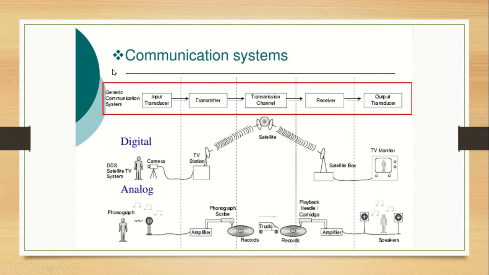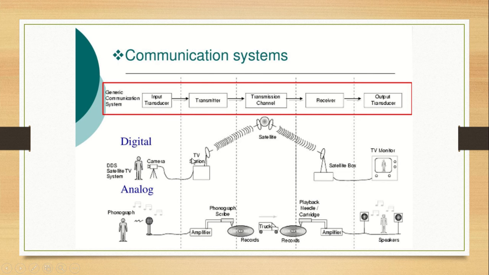Okay, so here's a typical communication system where we have the input transducer, transmitter, then the transmission channel. We have here the receiver, then the output transducer. One example is a camera shooting a person, which can be digital or analog. The image and voice will be converted into electrical signal and processed here.